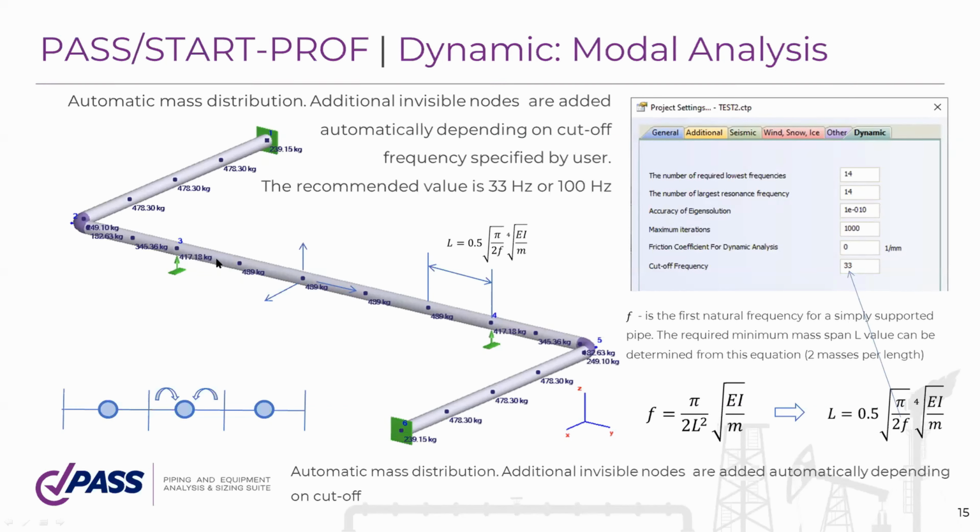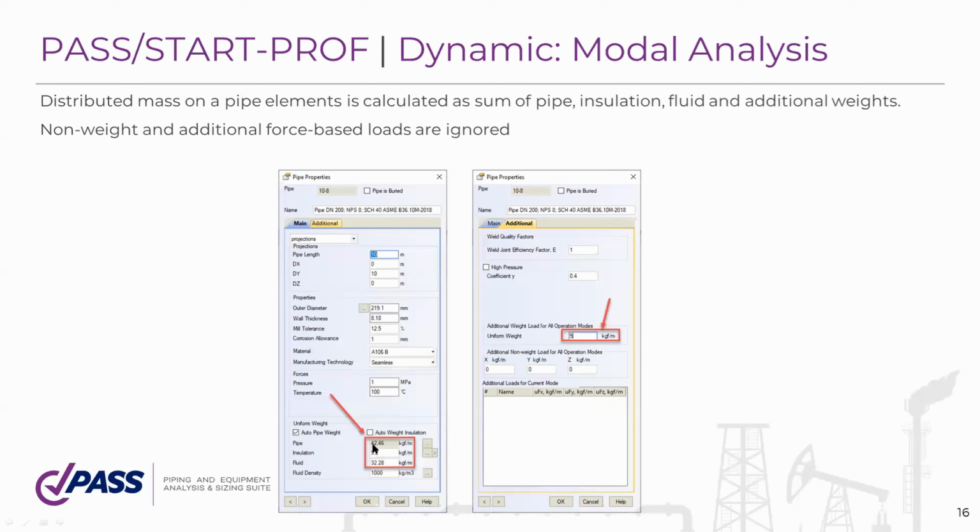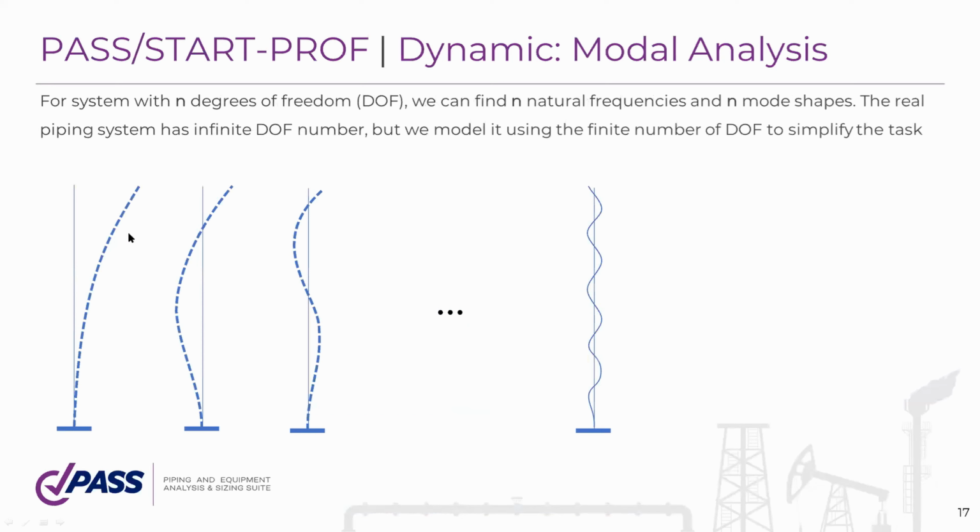So START-PROF takes the distributed mass of the pipe and concentrates it into those nodes. So START-PROF uses the concentrated mass model. As distributed mass, START-PROF takes the pipe weight, insulation weight, fluid weight, and additional uniform weight, calculates the sum of those values, and distributes them as concentrated masses in your piping system.